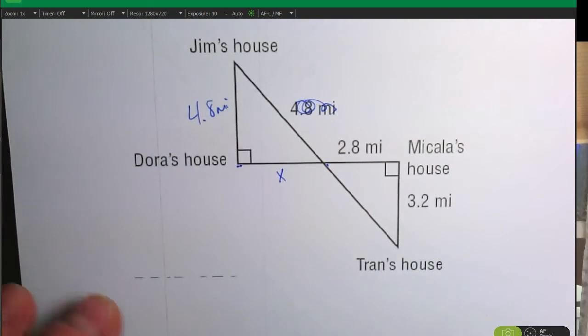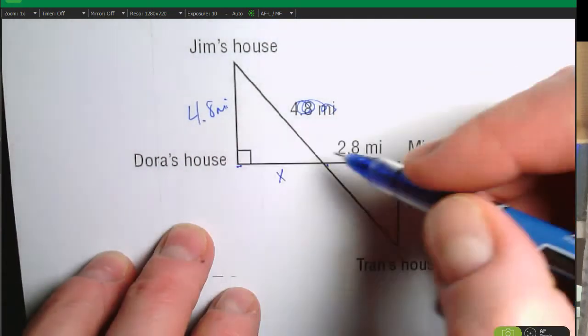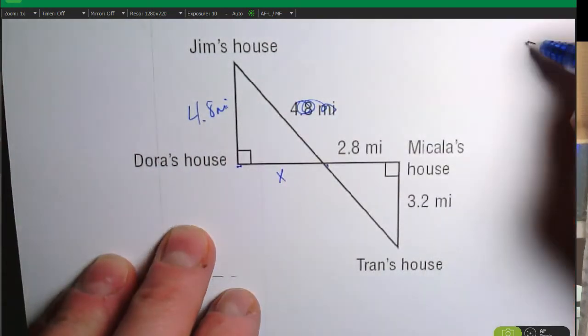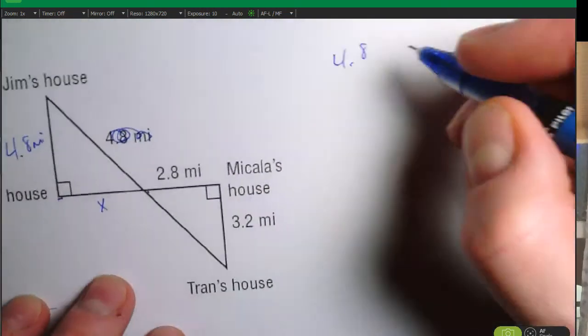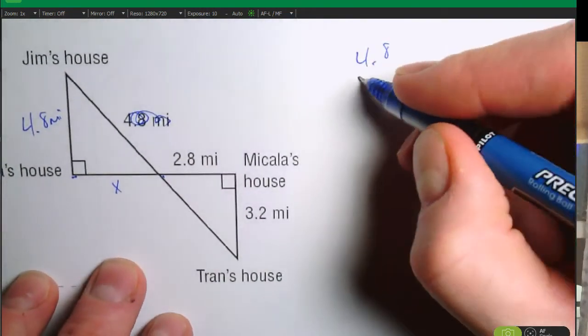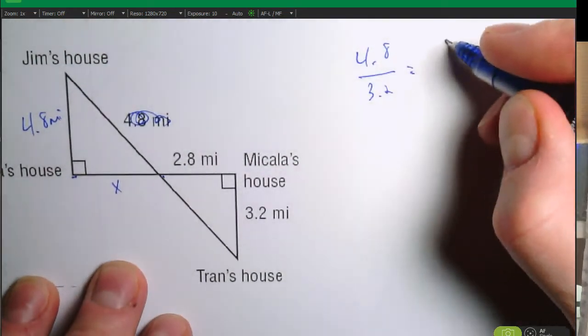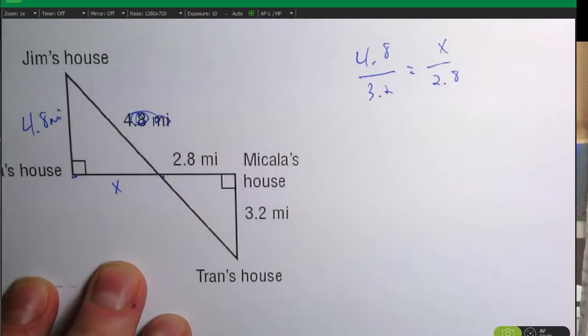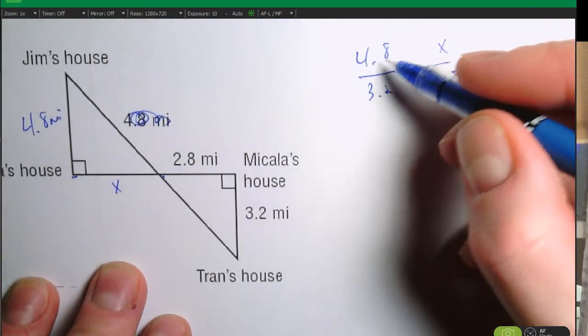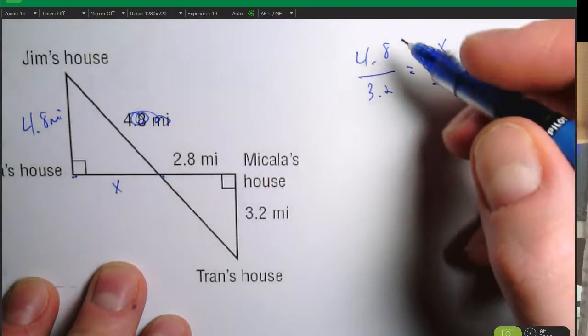If not, sorry. So now we're going to set up that 4.8 corresponds to 3.2, and x corresponds to 2.8. I could try to reduce. This actually does. They're both divisible by 4, or 0.4.